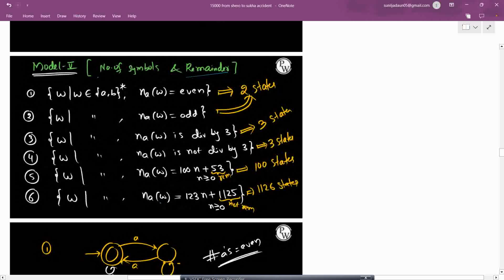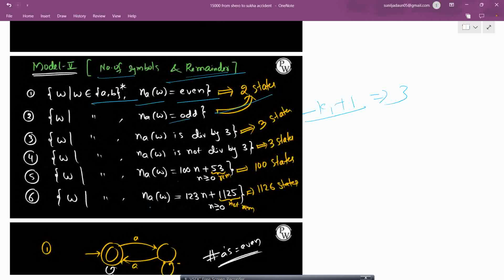Number of symbols and remainders. So W belongs to {a, b}*. If the number of a's is even, two states are required. We already did odd. For divisible by 3, I think K plus 1, I mean 3 states.